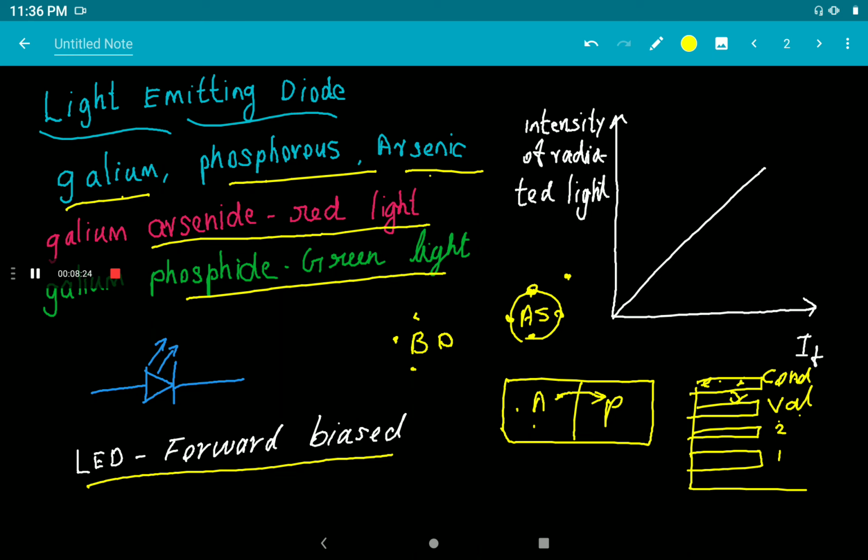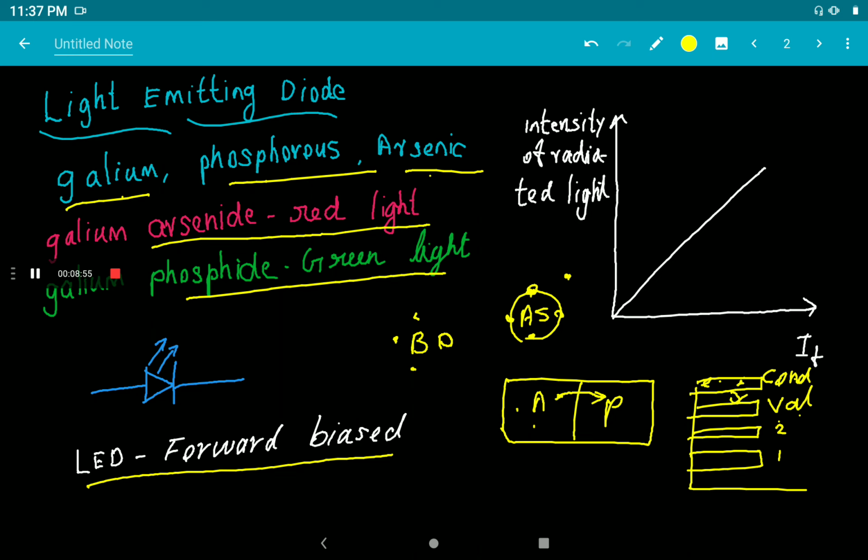So when the free electrons recombine with the holes, that means higher energy electrons are combining with the lower energy holes, so the excess energy will be released in the form of heat and light. In material like gallium arsenide, the number of photons of light energy is sufficient to produce an intense visible light.